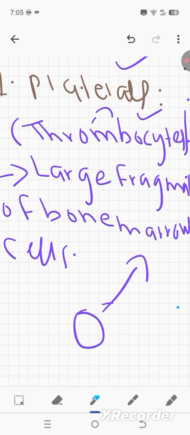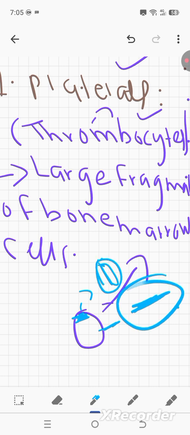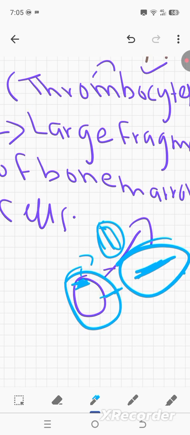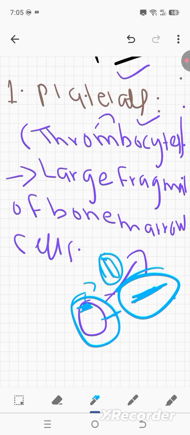This is a cell, and here this part got separated from it. Now the part which got separated will float inside the blood. This part floating inside the blood due to the separation from the cell is known as platelets. Simply, platelets are a small part or fragment of bone marrow cells.